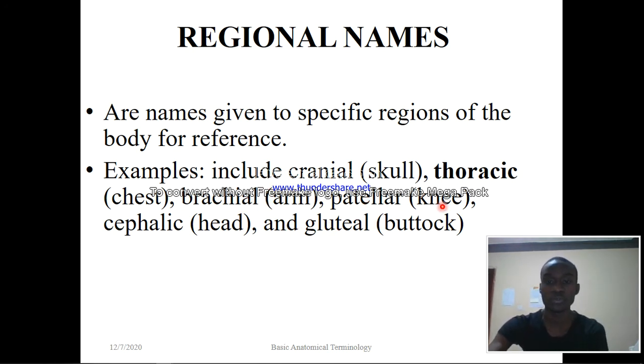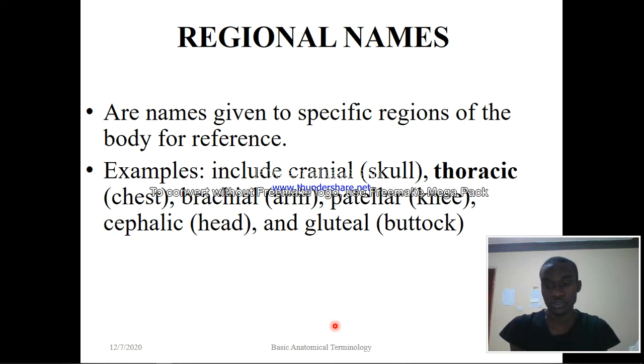The patellar region of the body is the knee region. So when you are referring to something in the knee region, you are expected to use the patellar term. Then the cephalic term is the regional name referring to the head region of the body, so anything located in or towards the head region is described with cephalic.